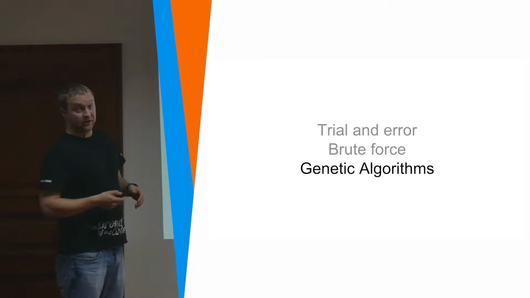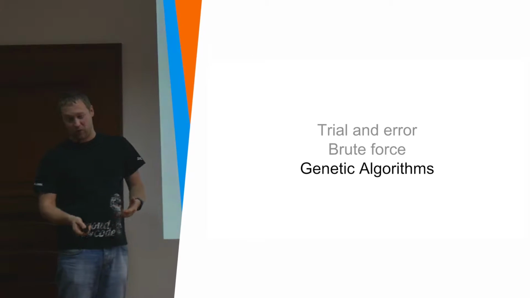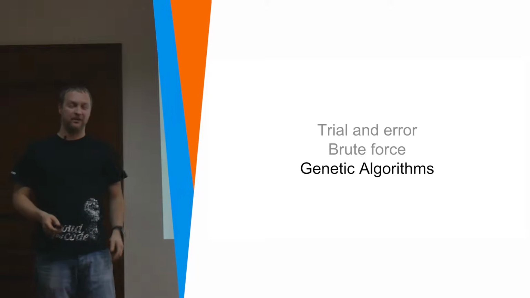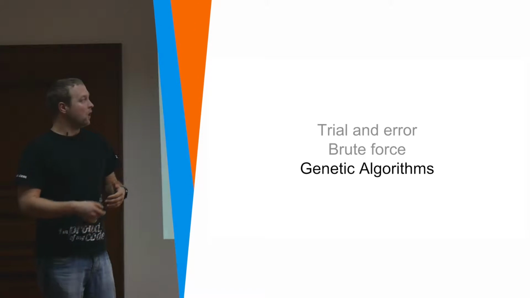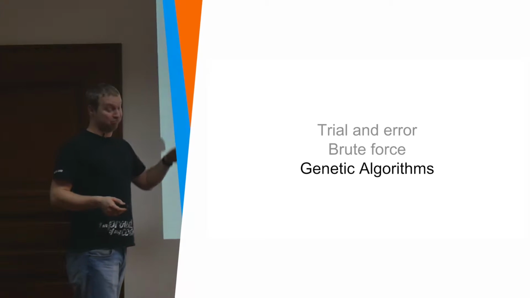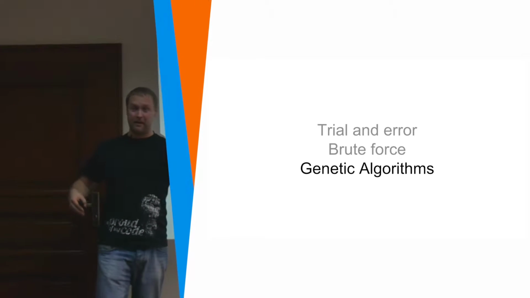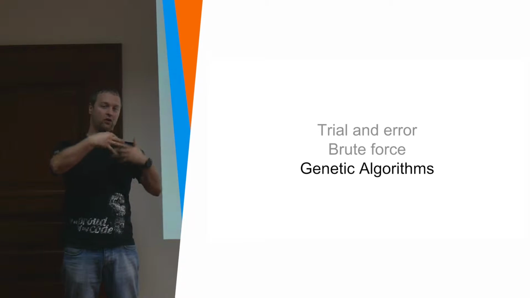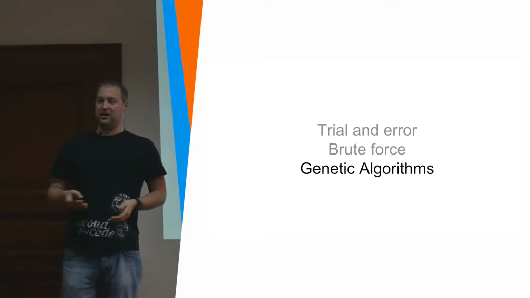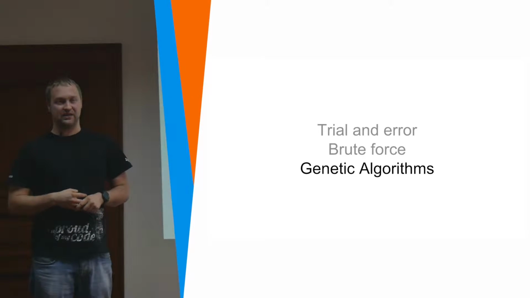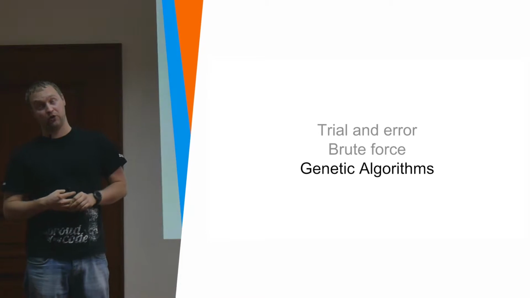We can trial and error it, just try it out, see how it works, maybe write down some results. That's great, but it will take a lot of time and it involves our effort. We can brute force it, so just take some minimum and maximum amounts and try all possible combinations, but this will take years. And probably it won't be as successful as the trial and error approach.